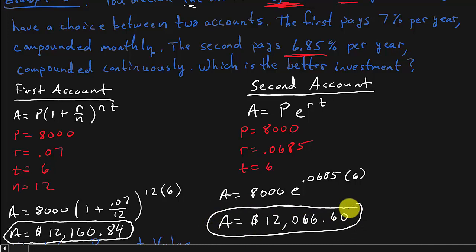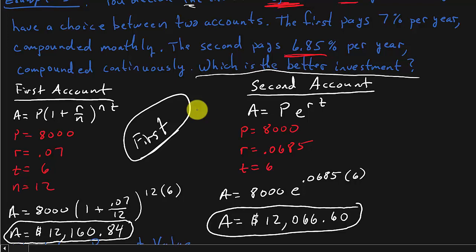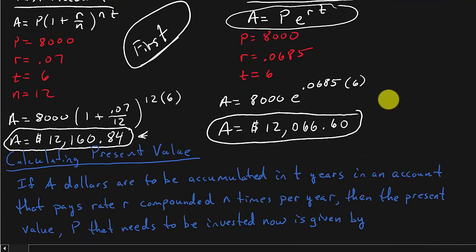That's for the second account. So what they're asking us is which is the better investment. So the better investment is the first one, because see, we would get more money out of the first account than we would the second account. All right. So, the only time you're going to use this formula here is when they say compounded continuously.